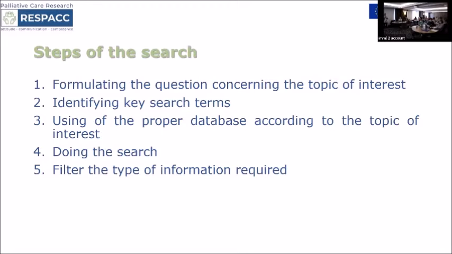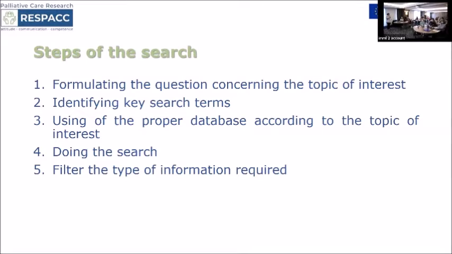So it seems that also in searching, you have to be sure what you are searching, what your search question is this time. And then from that question, what would be the key terms that have to fit into your search builder, and go to the proper database, do your search and see what you get there. And then you have this option to filter down the results. And you can use different filters.